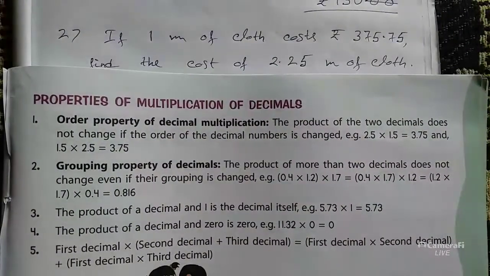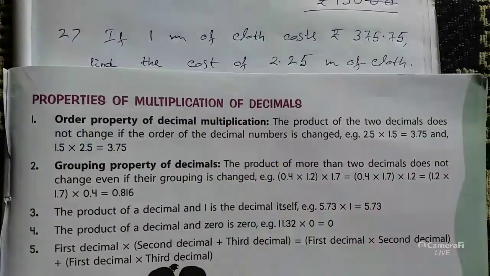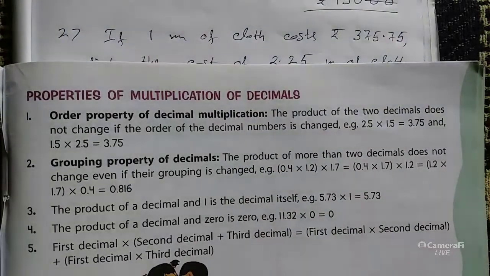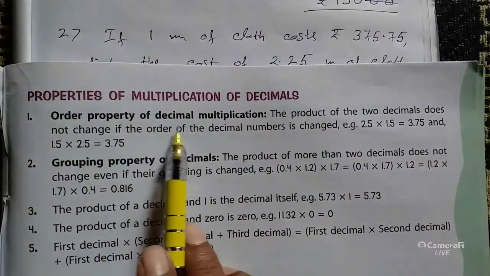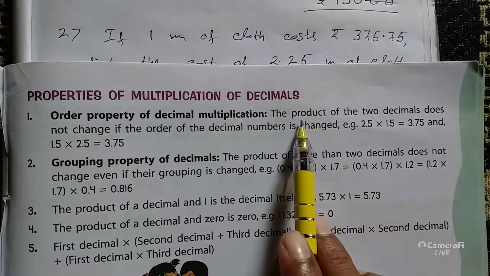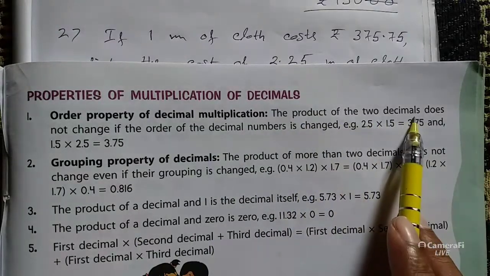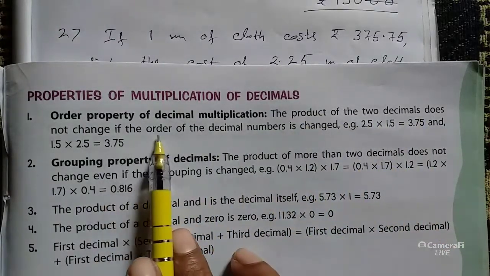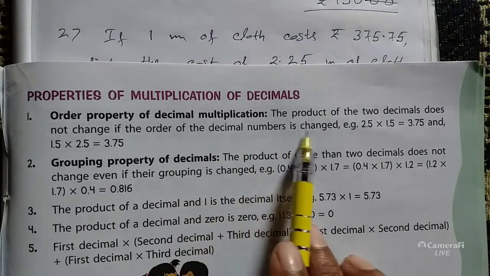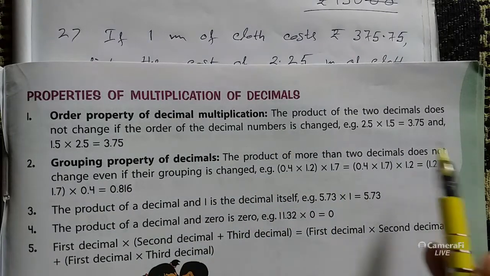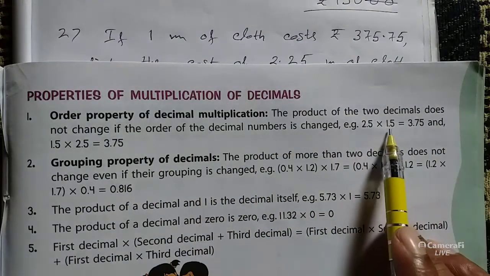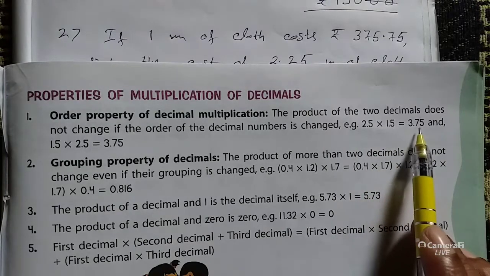Here are some properties of multiplication of decimal numbers. First property is called the order property. This says the product of two decimals does not change if the order of the decimal numbers is changed. Example: 2.5 multiply 1.5, we get the result 3.75.